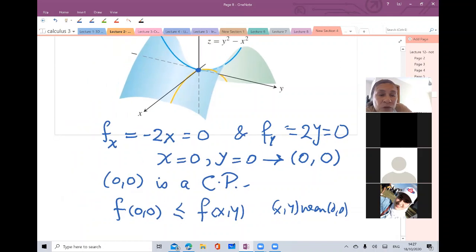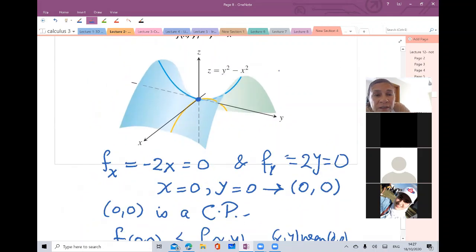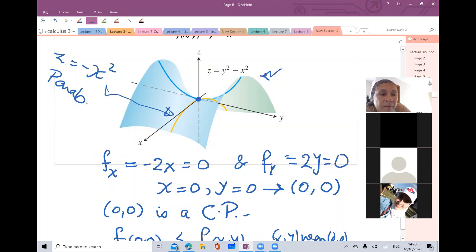No. If you do your traces here, when you put y as zero, z is equal to negative x squared. This is a parabola looking down, the yellow curve, right?